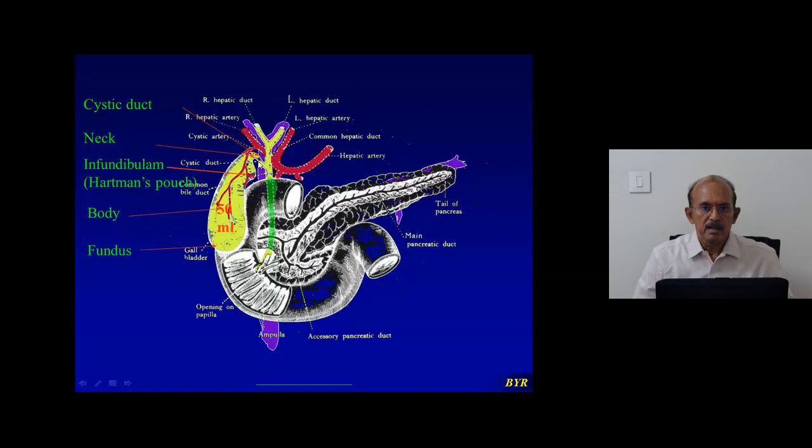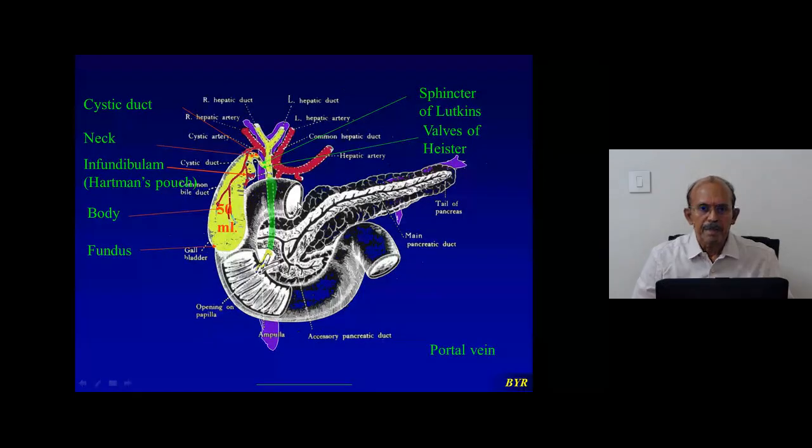And this is the cystic duct. The duct has folds of mucosa that are called the valves of Heister. And the cystic duct is surrounded by the sphincter of Lutkens. And here is the portal vein.